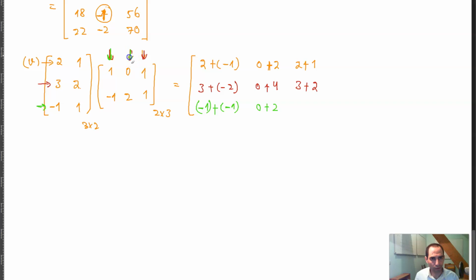And then you have -1 plus 1, which is equal to basically 2 minus 1 is equal to 1, 2, 3, 1, 4, 5, -2, 2, and 0. So part 5 is 1, 2, 3, 1, 4, 5, -2, 2, and 0. This is a -2, of course.